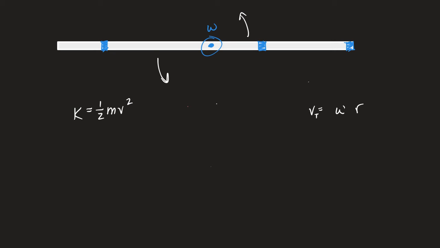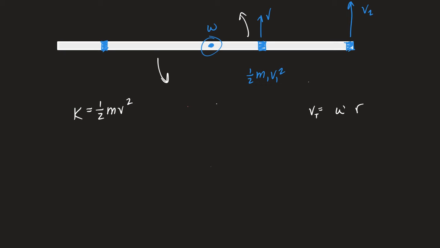And one way to talk about it is to say that, well, this little piece has a velocity. So this little piece must have kinetic energy, 1/2 m1 v1 squared. And this little piece has velocity, say v2.